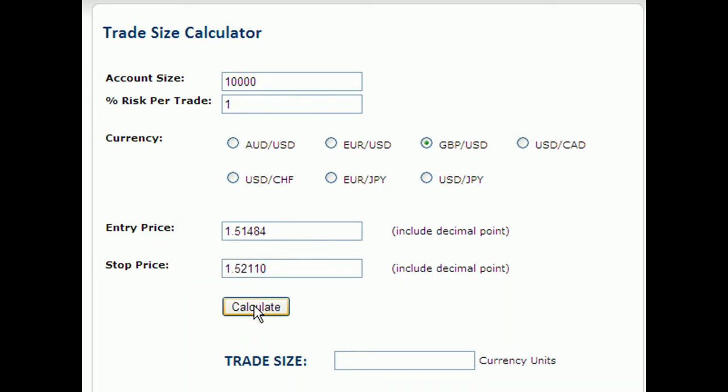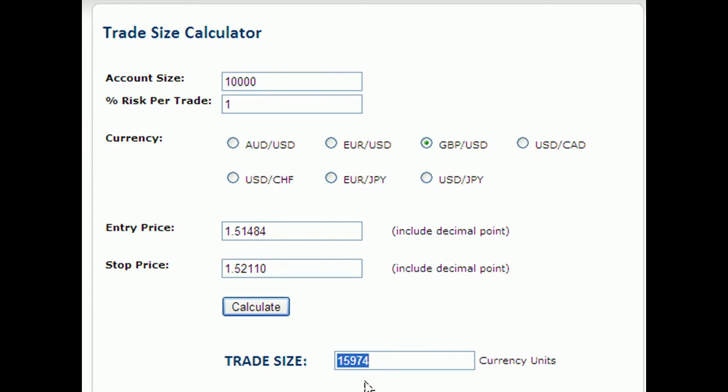You click on calculate, and the amount of currency units that you should be trading appears in the trade size box. So it's telling me to trade 15,974 currency units in this trade. Now what you can do is just round up that number, so it would be 16,000 currency units. If you have to further round this number because your broker account does not allow you to trade exact currency units, maybe it only allows you to trade 10,000, 20,000, 30,000 and so on, you can either round it up to the closest option you have or round down.